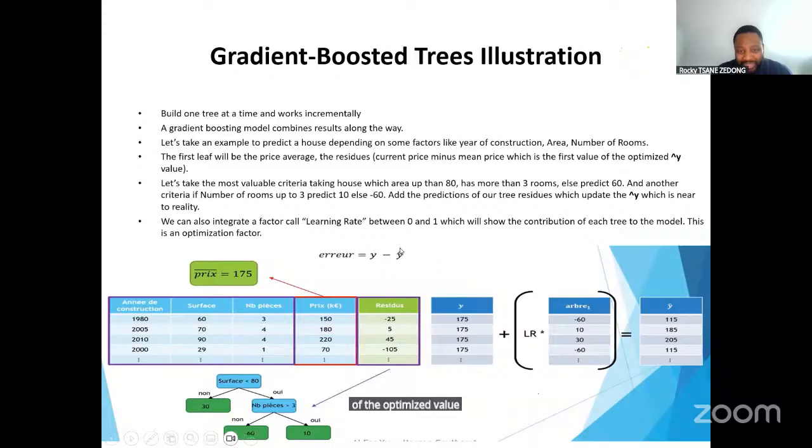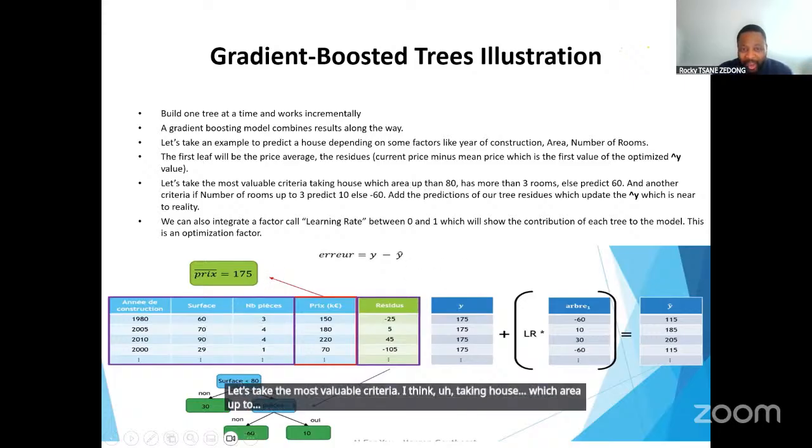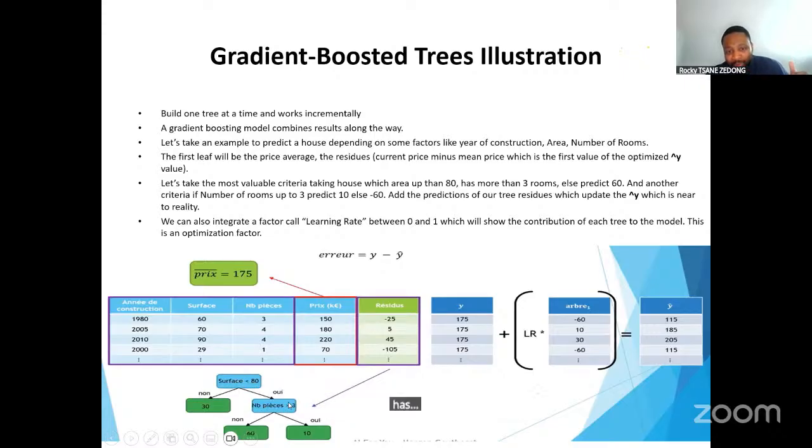Let's take the most valuable criteria: a house with area up to 80 and more than 3 rooms, otherwise it predicts 60 here.